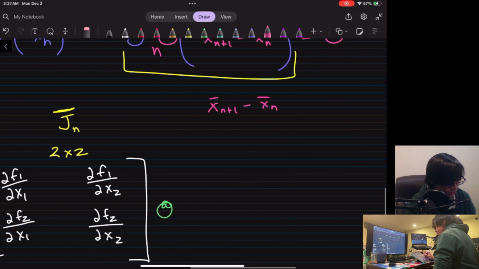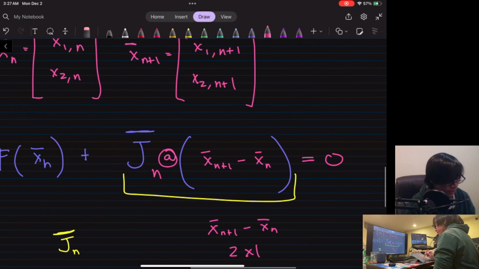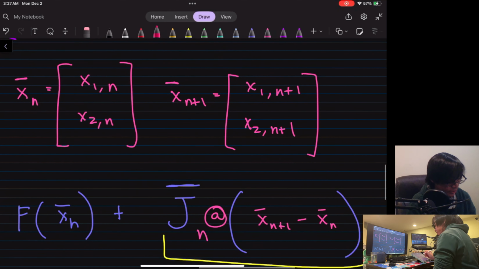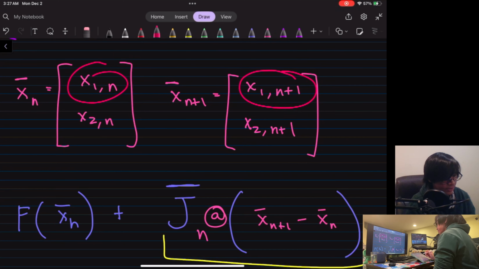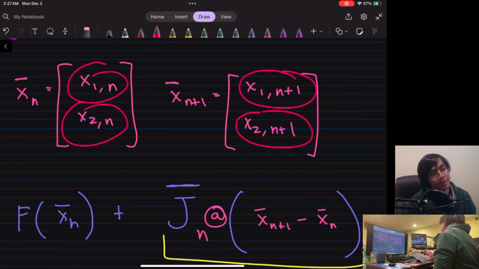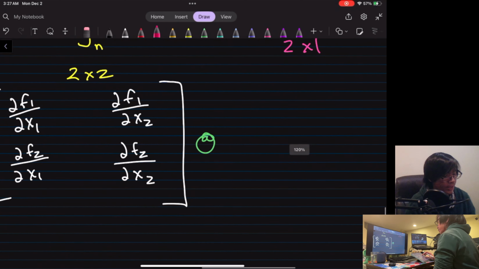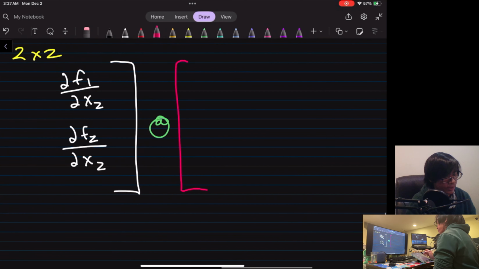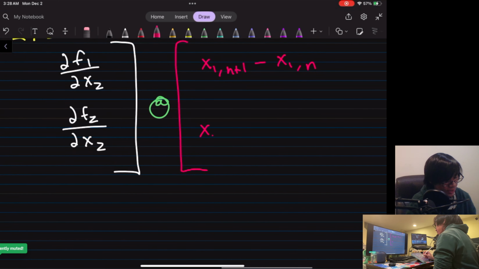And this is a 2 by 1, as we discussed earlier, and element-wise, so we're literally subtracting: x1 at the n plus 1 position minus x1 at the current position. Same thing for x2, future position minus current position.